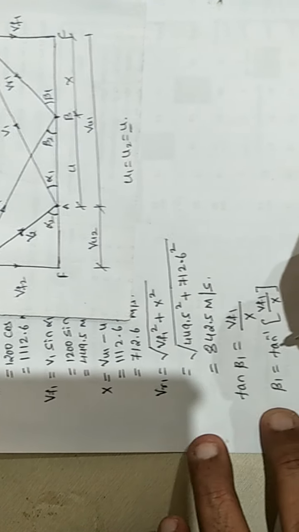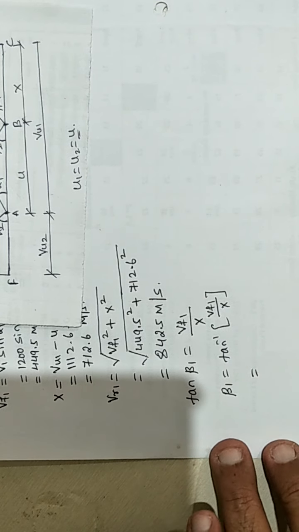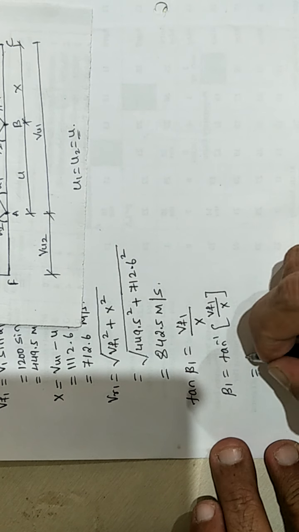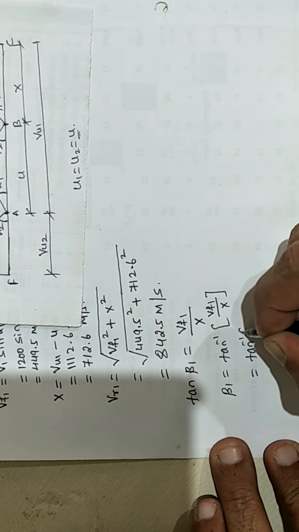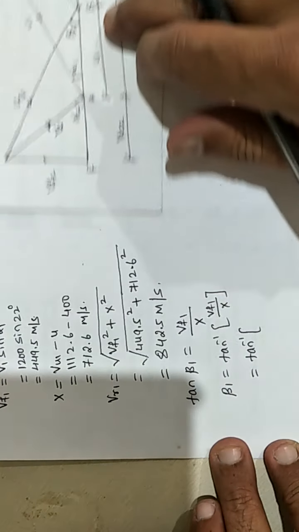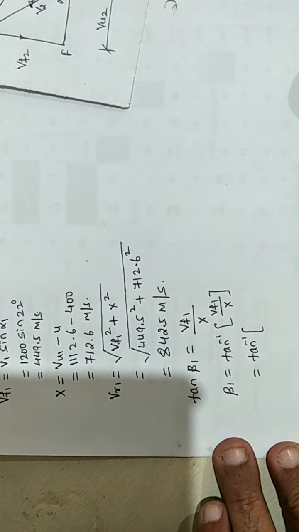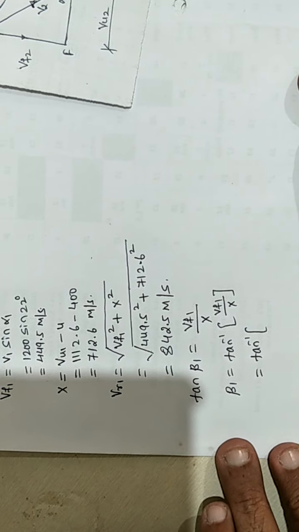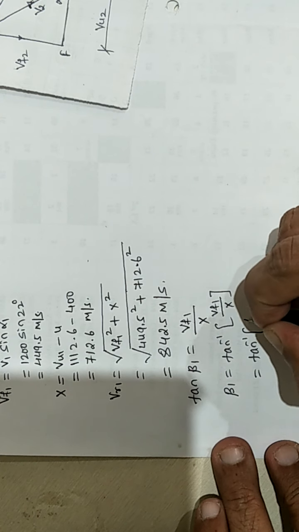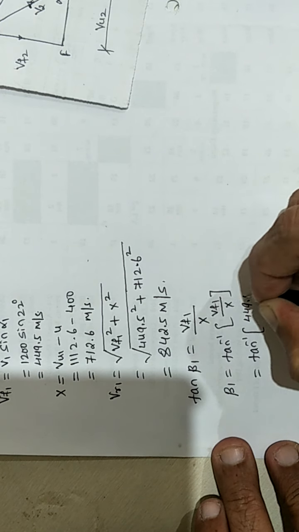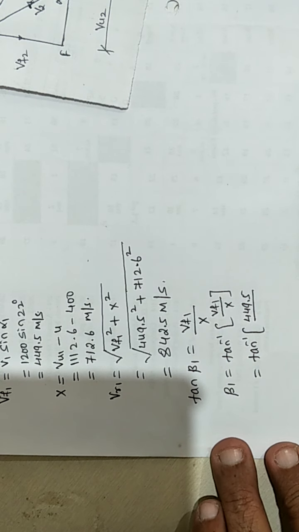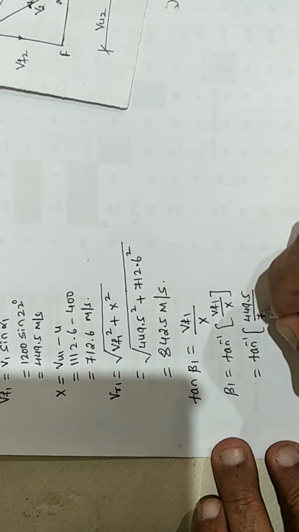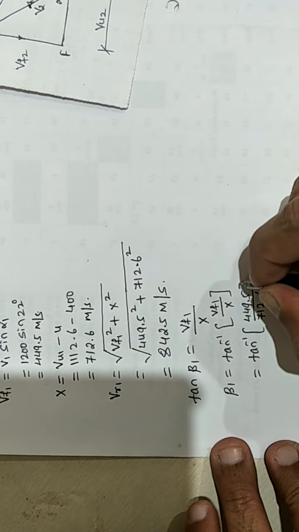So this is equal to tan inverse of VF1, which we have calculated just now, 449.5, divided by X, which is 712.6.